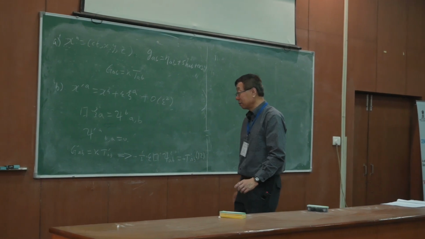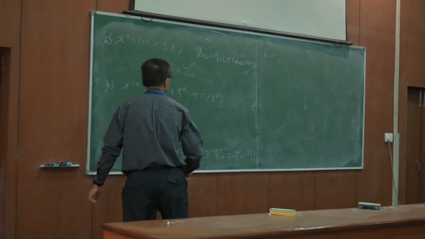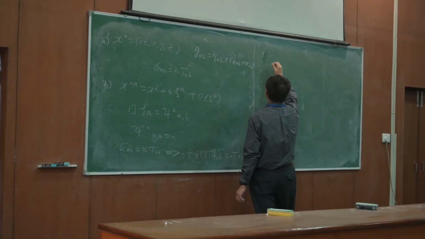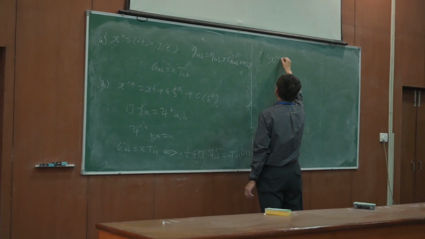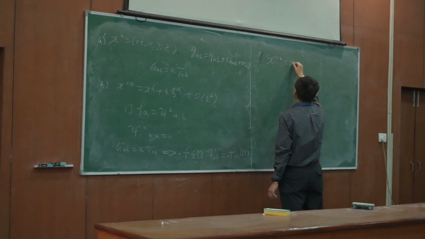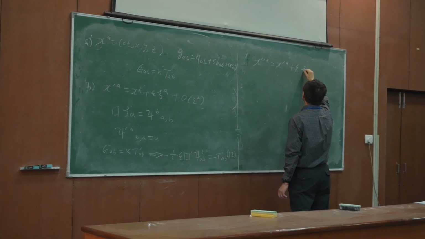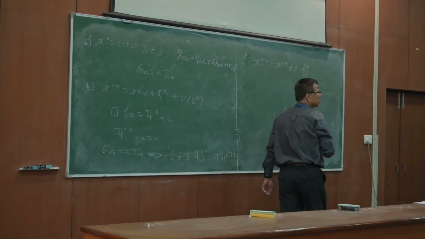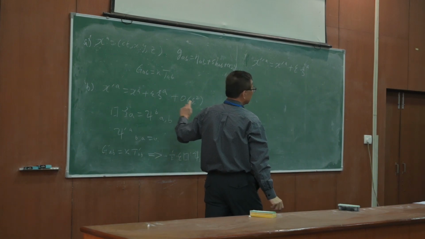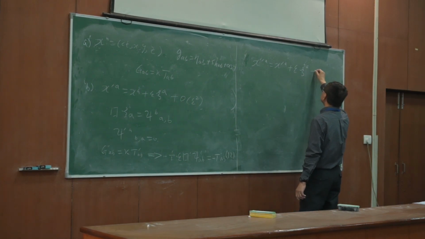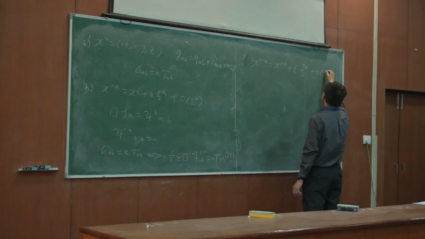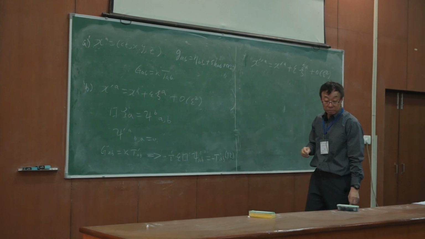Okay, let's work out this one. So I'm going to make a first coordinate transformation: x double prime A equals x prime A plus epsilon hat A. Now I use a hat in order to distinguish this one.